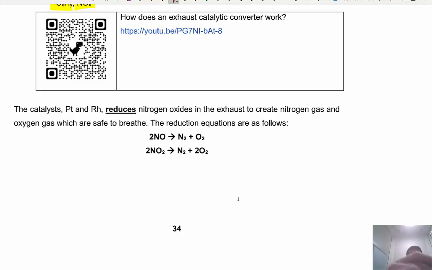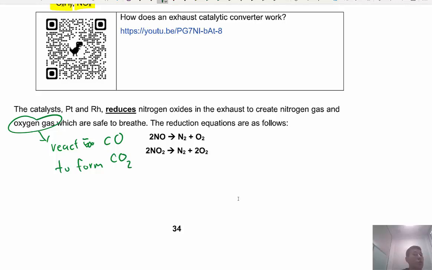But actually, a lot of the oxygen gas which is produced will then react with the carbon monoxide to form CO2.